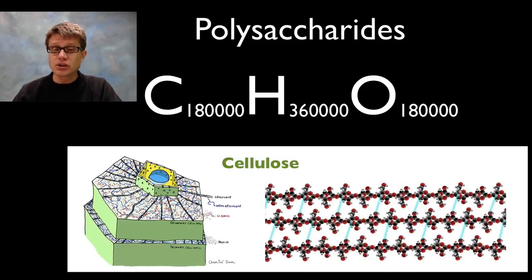But we also get structure, remember, and so cellulose makes up that structure in a lot of plants. You can see here it's going to be a bunch of sugar molecules attached over and over again, but we're going to have these hydrogen bonds that cross bond between the different polysaccharides. It makes them incredibly durable. If you were to eat wood, you don't have the enzymes to break it down inside your gut, and so it's going to go in as wood and it's going to come out as wood.